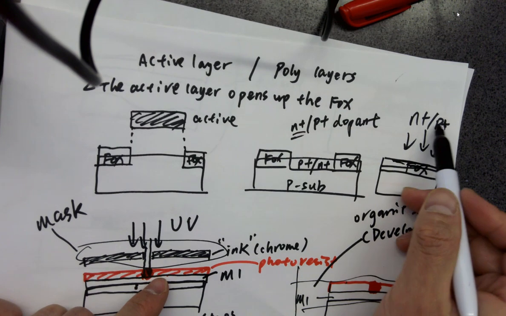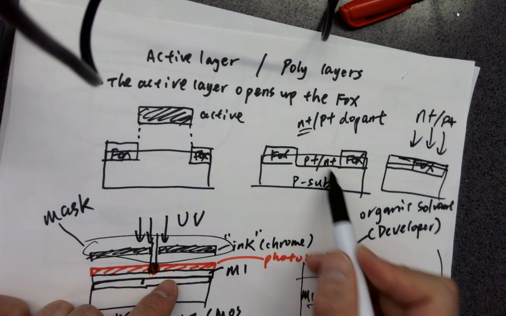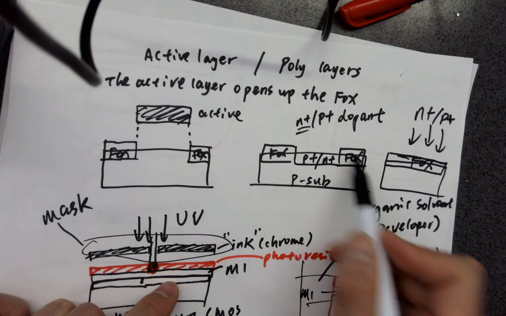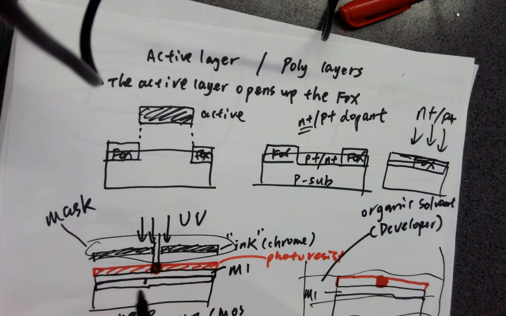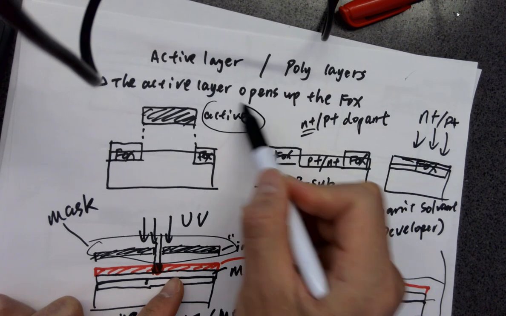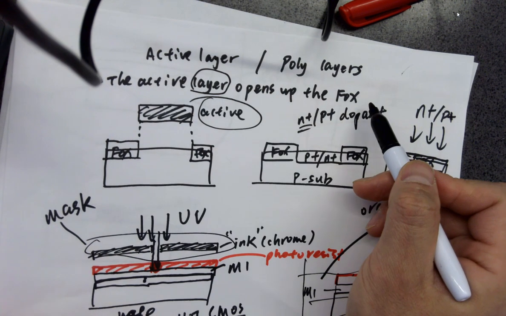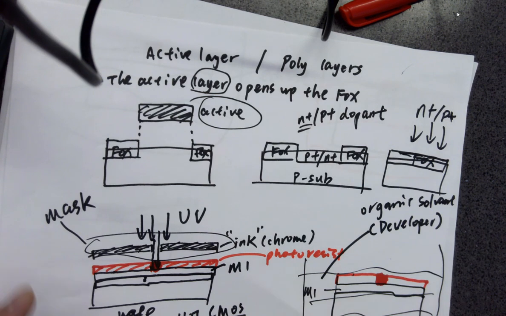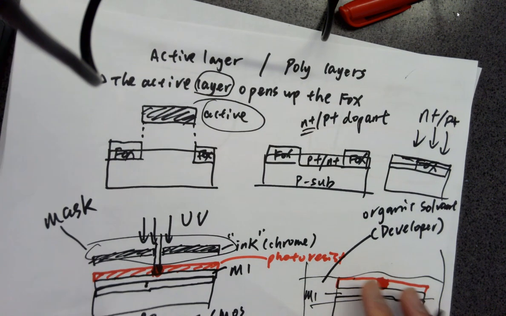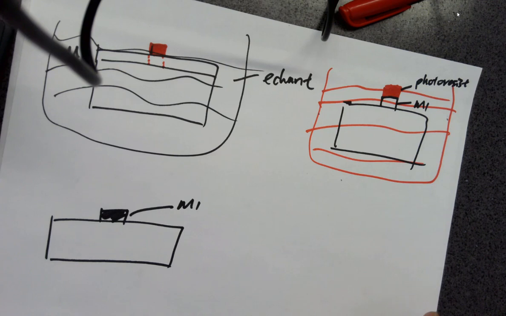You need all the N plus and P plus getting into the P substrate, so getting into the wafer, in order to form some functioning materials, or transistors. So the active layer of the mask opens up the FOX layer on the top of the P sub. Any question on this?